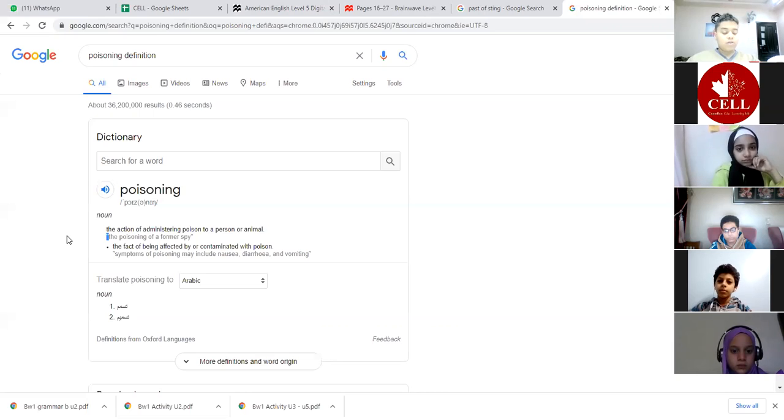Listen, guys. So yeah, you're right. Poisoning is the action of being poisoned. The poison can be person to person, or person to animal, or animal to person, or animal to animal. Okay, and the symptoms of poisoning are nausea, the state where you feel like vomiting, or vomiting itself, or diarrhea.